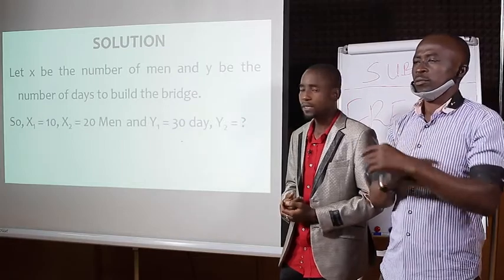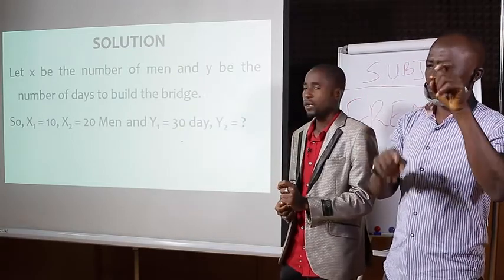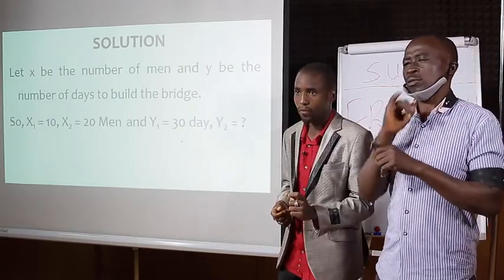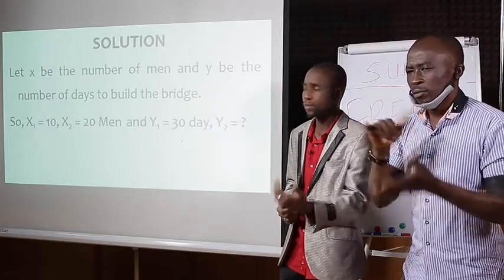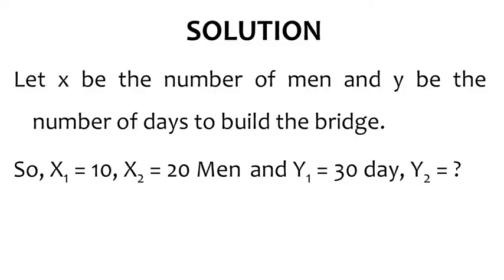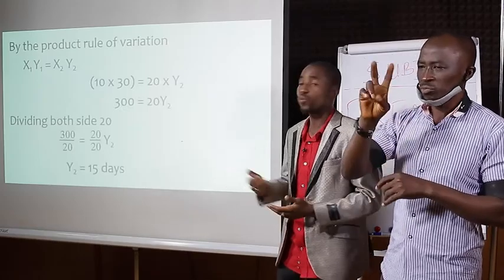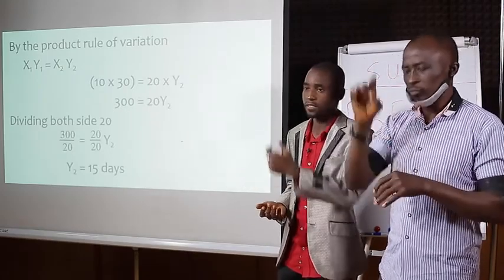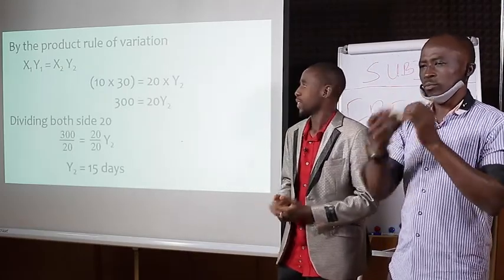So from the question, x1 is 10, that is 10 men, x2 is 20, that is 20 men, and y1 is 30 days, then y2 is unknown. We don't know y2; it is what we are going to calculate, that is the number of days.